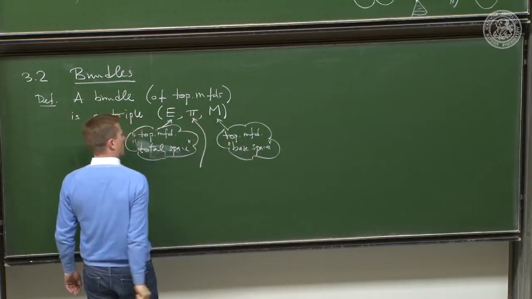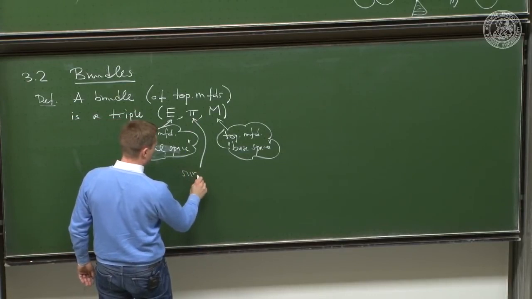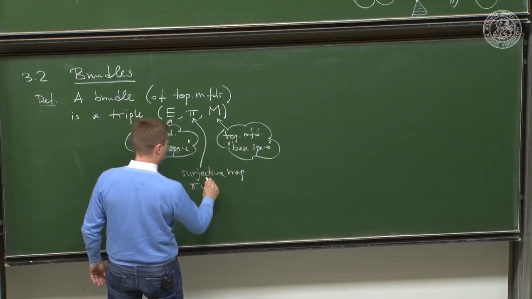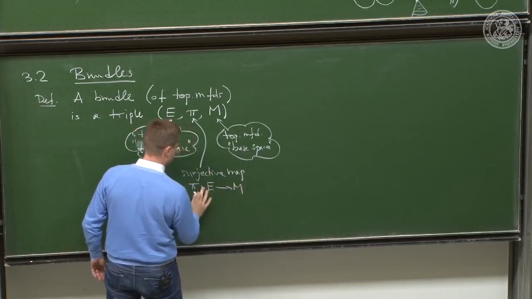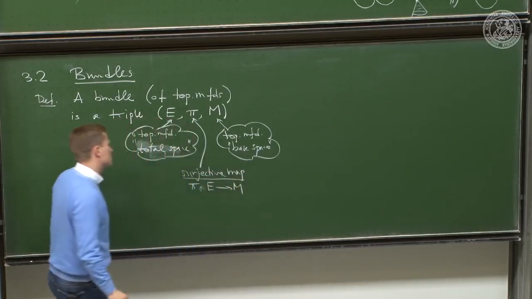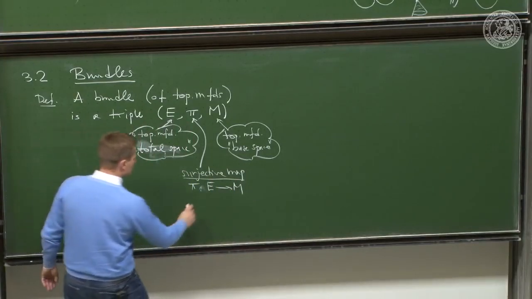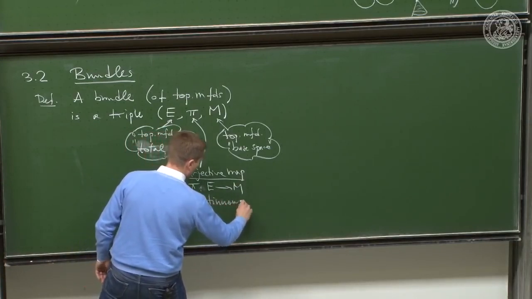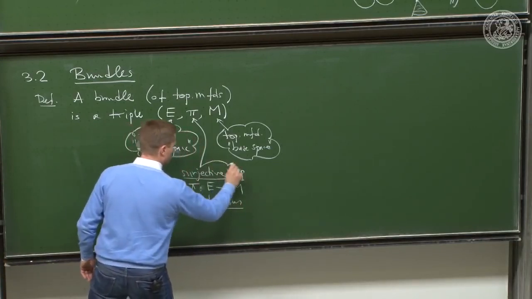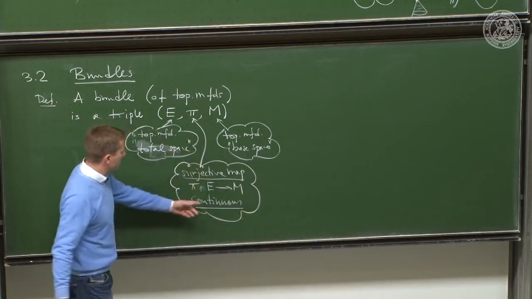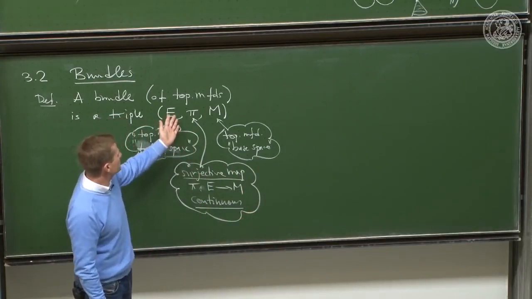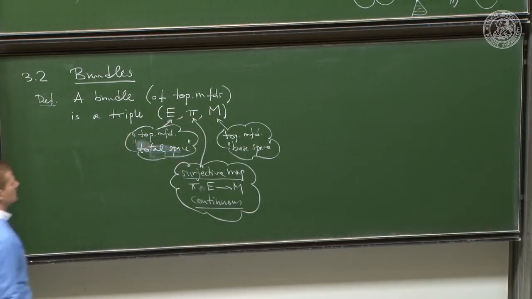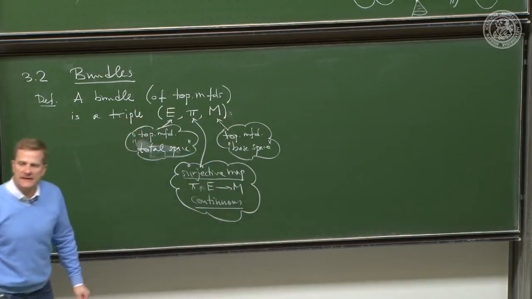And pi is an onto map, a surjective map from the total space into the base space. And because we're in topological manifolds, we want it to be a continuous map. It's meaningful to talk about continuity because I have a topology here, we have a topology there. And that is a bundle, nothing more and nothing less.